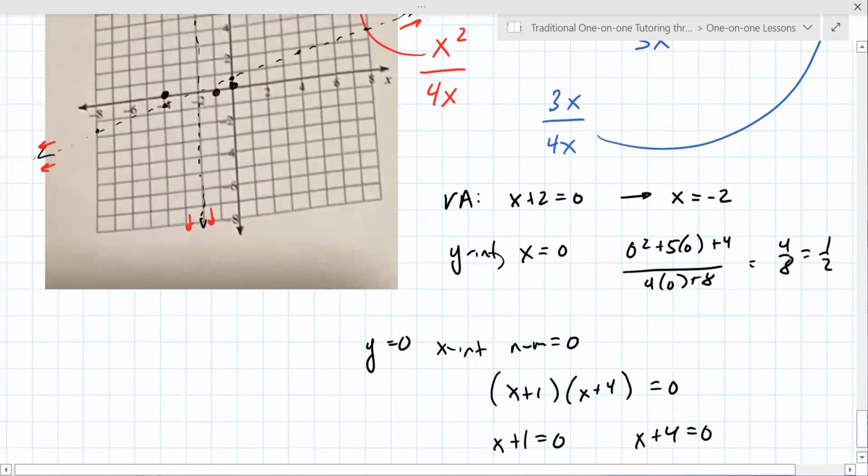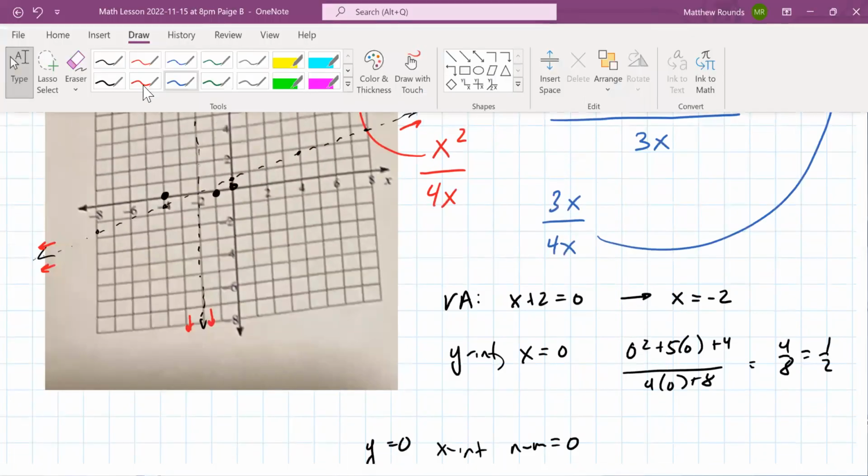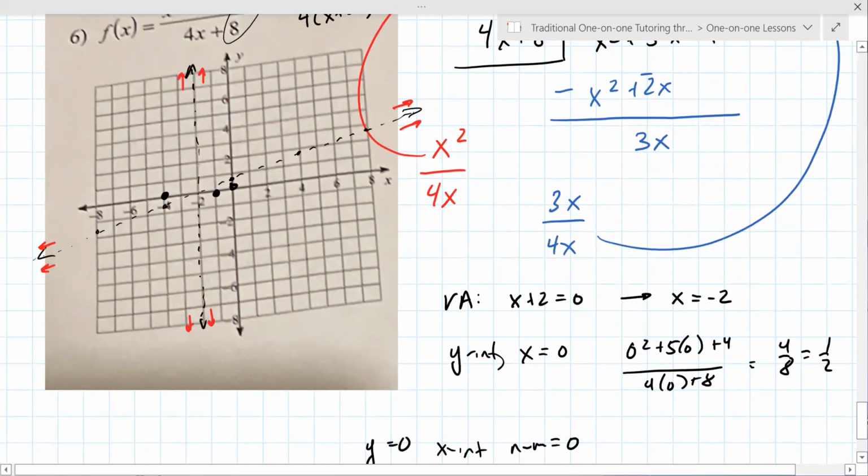Right. And I agree, this is hard to do because you've got to connect some things here, but you cannot cross the slant or the vertical. So here's what you can't do. You can't be like, oh, that right there, that doesn't work because you can't cross the slant. I know it's probably hard to see, but sometimes it's good to connect two things that you know have to connect.